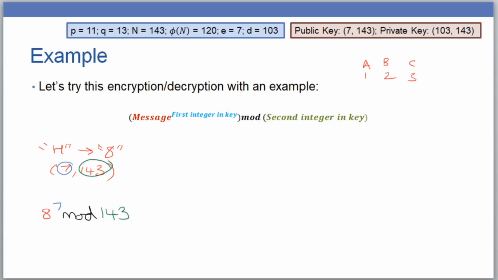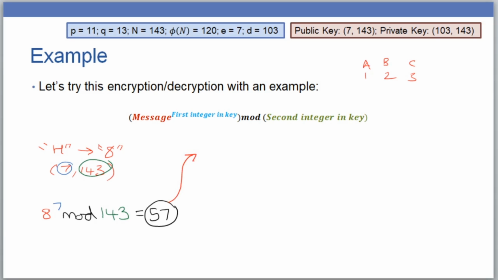After doing this, we get the resulting value of 57. And so our plain text would have been H, however, our encoded ciphertext would be 57, and this would get sent over to the receiver in the encrypted form.